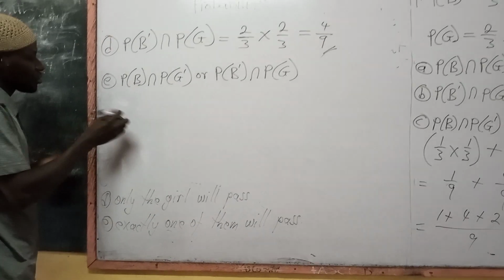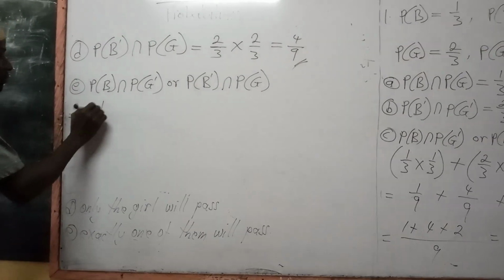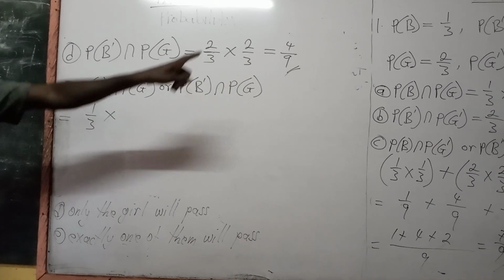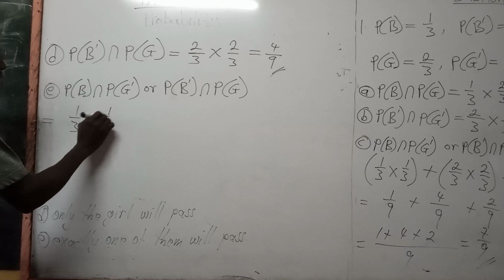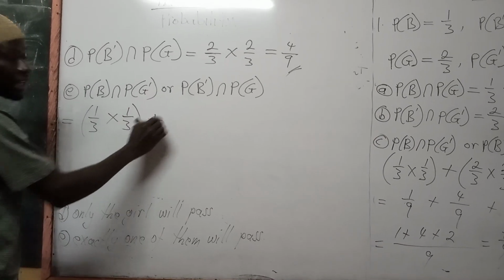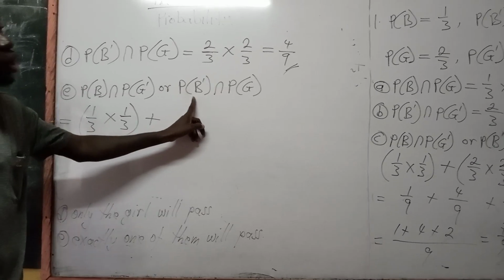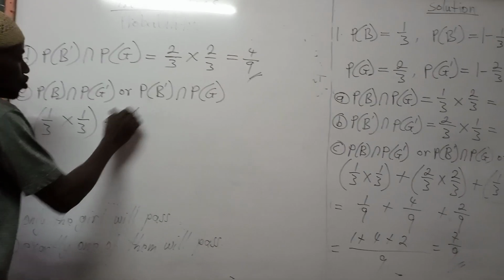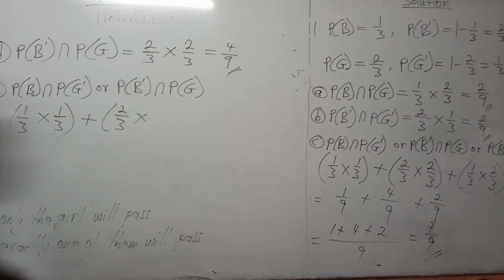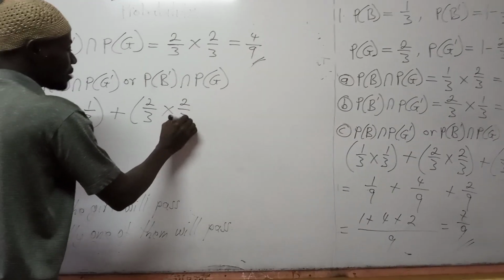So substituting, we have the probability that the boy will pass is 1 divided by 3, and times the probability that the girl will not pass is 1 divided by 3. Or means addition, that's the union of the two. So the probability that the boy will not pass is 2 divided by 3, and that's the intersection, and the probability that the girl will pass is also 2 divided by 3.